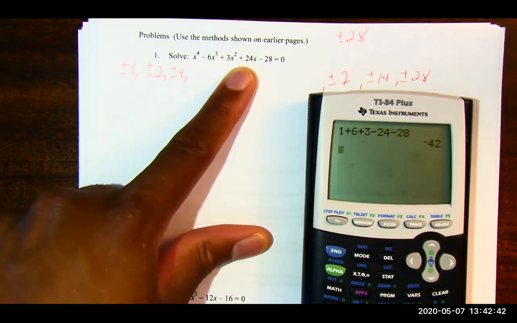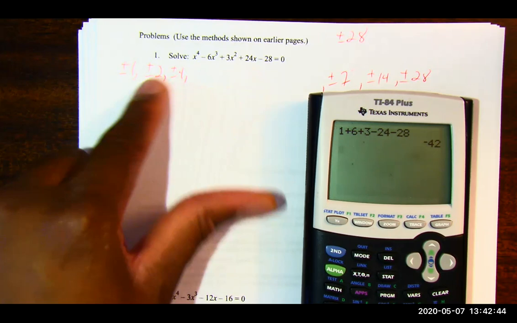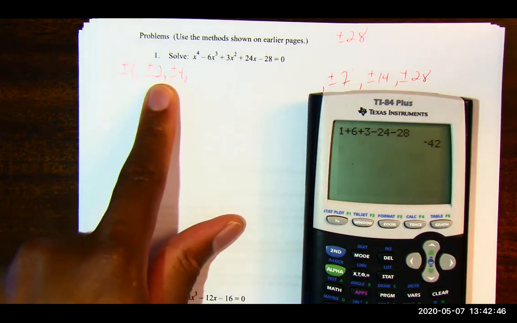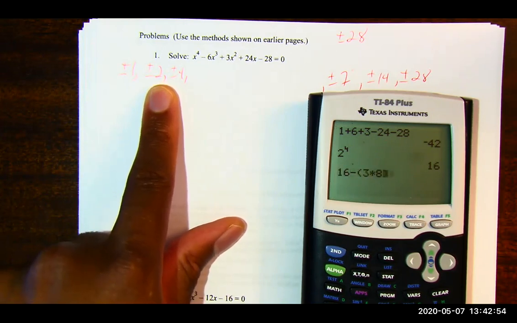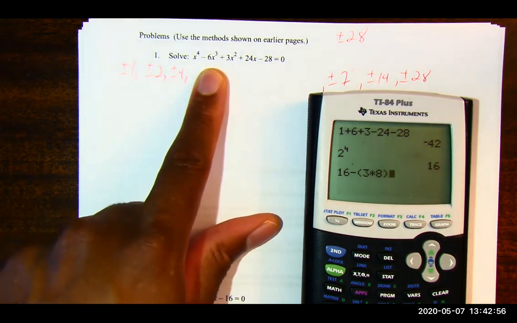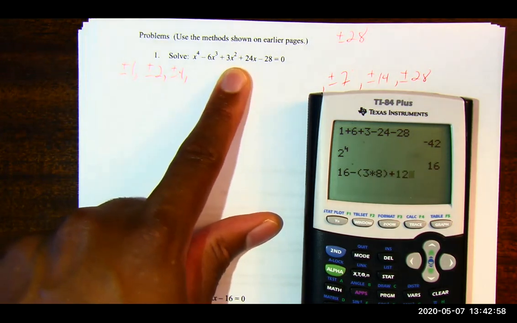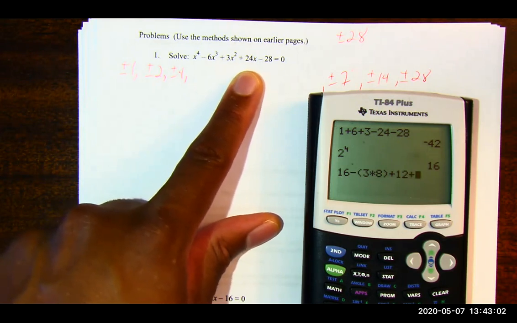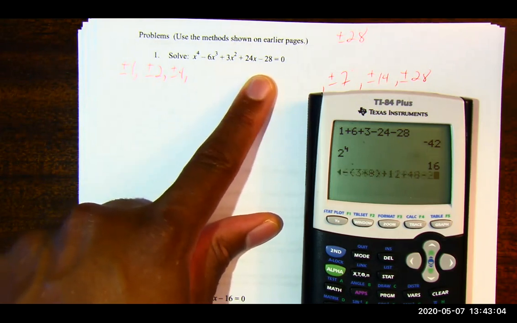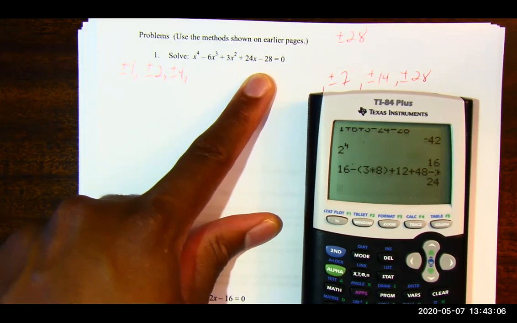Nope, that didn't work. Let's test positive 2. 2 to the 4th power, what's that, 16? Yeah, 16 minus 3 times 8 plus 3 times 4 plus 48 minus 28. Nope, that didn't work.